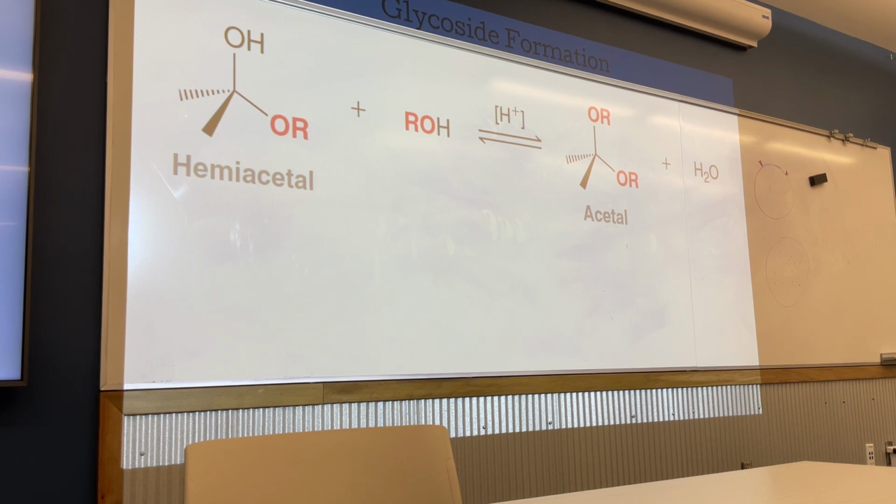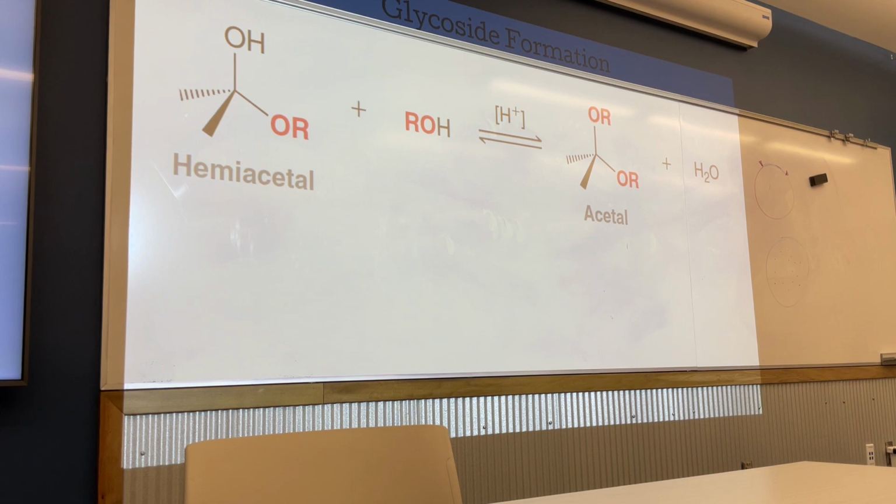And when we go, for instance, from a hemiacetal to an acetal, which also is what happens when you put two sugars together, when we form a disaccharide from two monosaccharides, we end up taking the hemiacetal, this hydroxyl group here, and linking it to another sugar molecule.